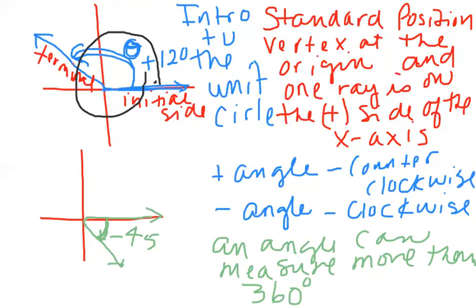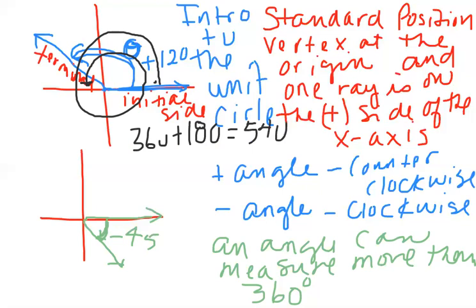But what if I were to go back around again and maybe end up right here, okay? So I went a full circle, and then I went another half a circle. So a full circle is 360 plus another half a circle of 180, guys. So essentially, I would have an angle that's a measurement of 540 degrees.